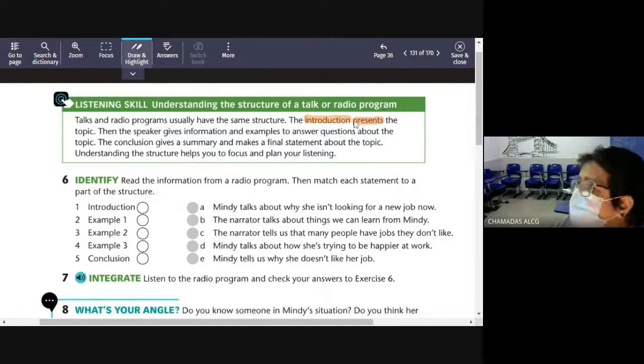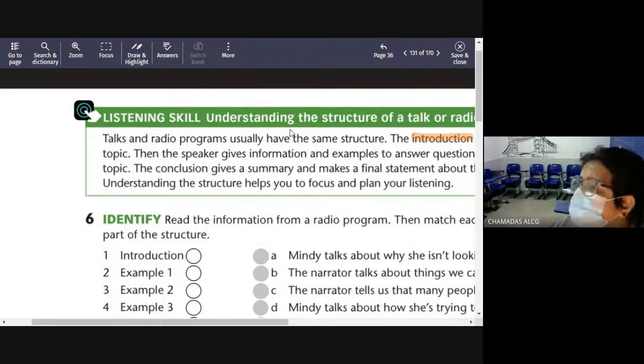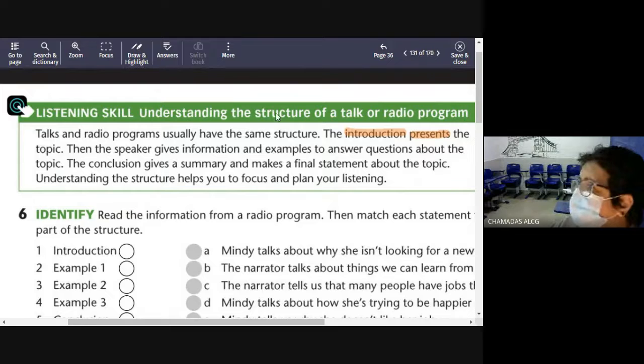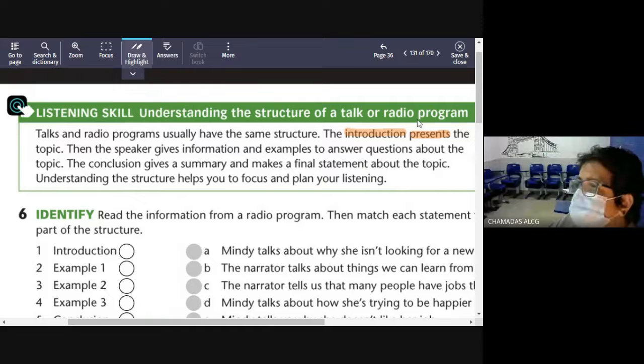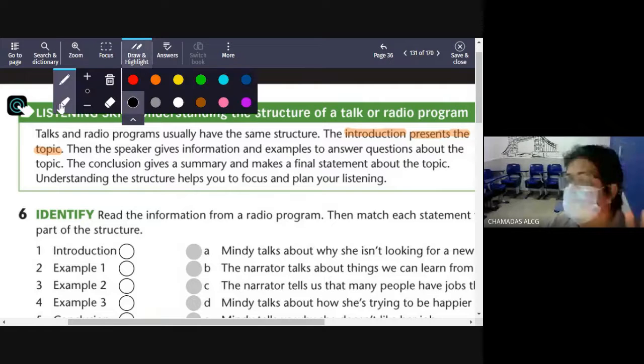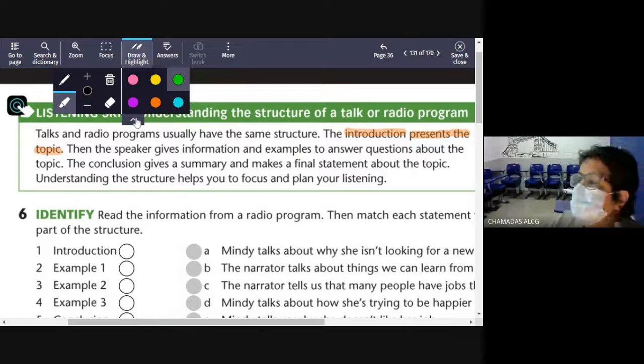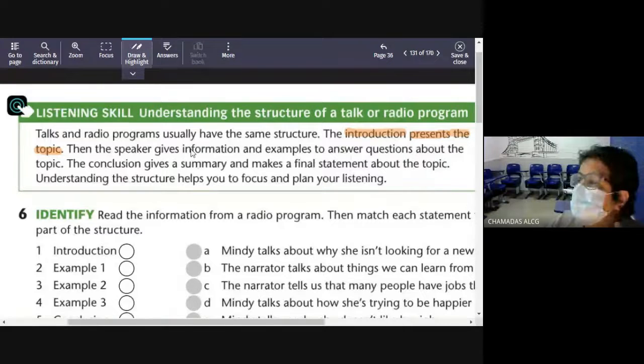So in the introduction, we present the topic, okay? So after that, after you present the topic, you give information and examples. So this is the second step, okay? I'm going to change the color so you know what comes next. And information and examples.